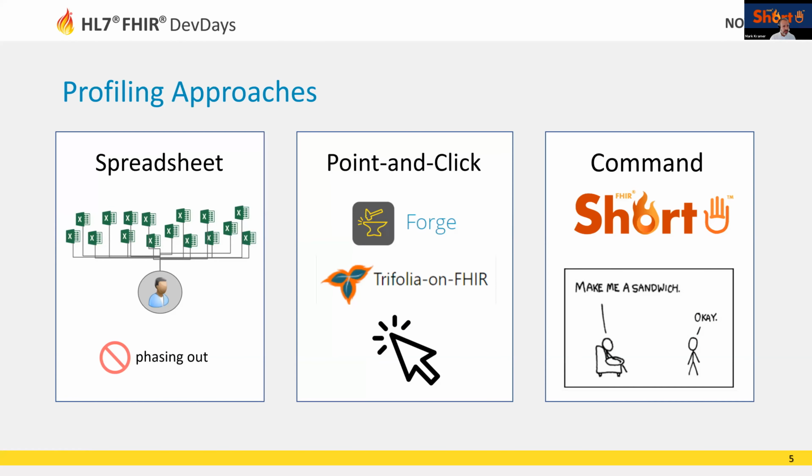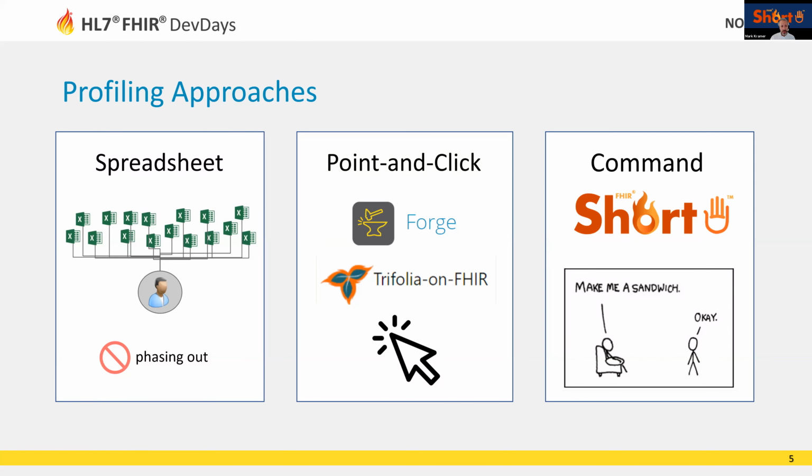Just as an overview of different types of profiling approaches and how we think FHIR Shorthand fits in. Historically the first method was through spreadsheets, and you had to put together a number of different spreadsheets for each profile and manage those across multiple versions of that spreadsheet.